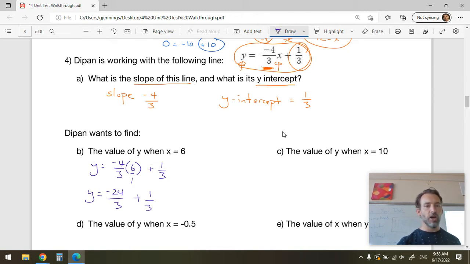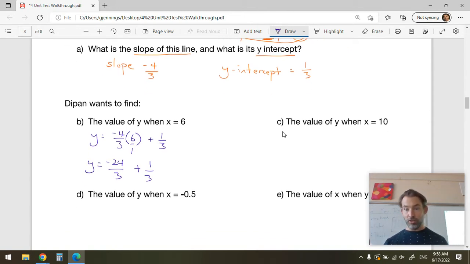Now I do a quick check. I already have a common denominator, so I'm satisfied with that. I don't need to change the denominator. Then I do -24 plus 1, which is the same thing as 1 minus 24. The answer is not -25 because that would be -24 minus 1.